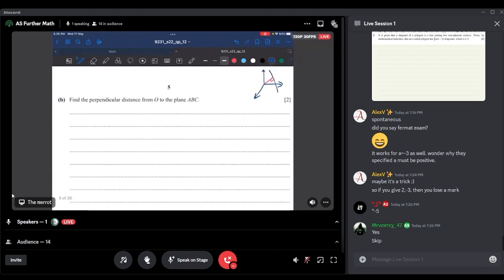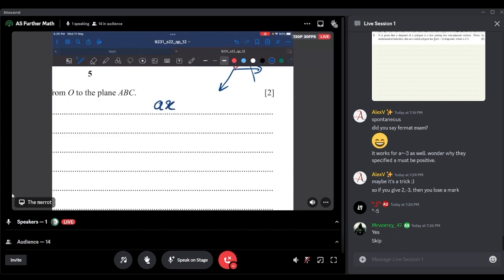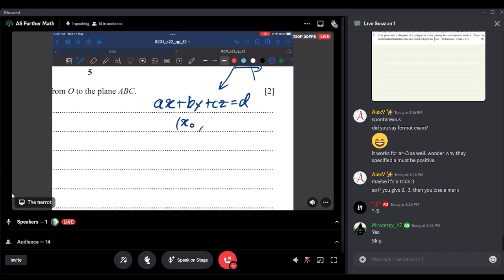But of course, this is actually really easy if you know the formula for perpendicular distance from a point to a plane. Just to remind you guys, let's say you have your plane in this form, and you want to find the distance with this point, let's say x0, y0, and z0.